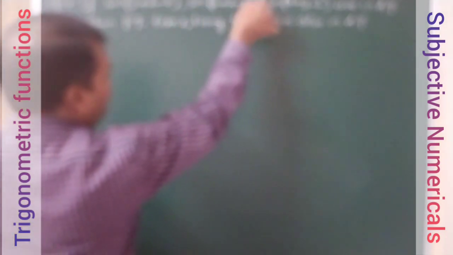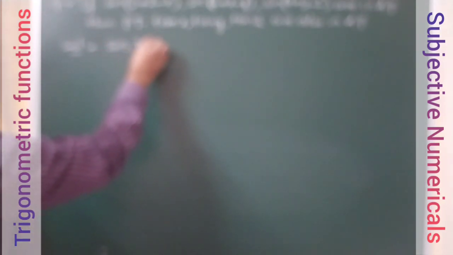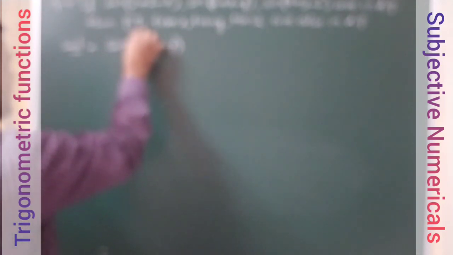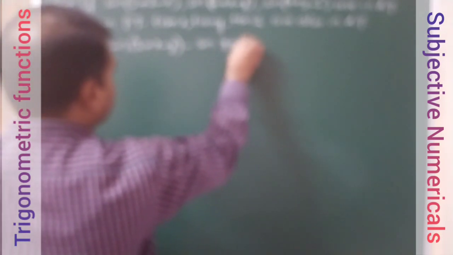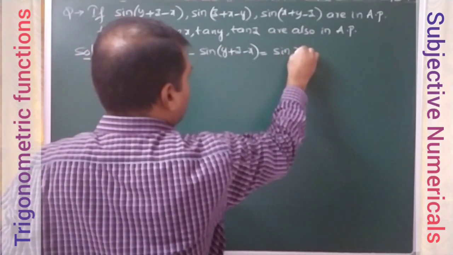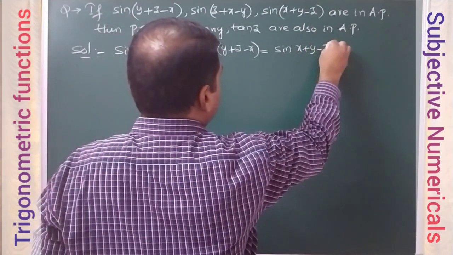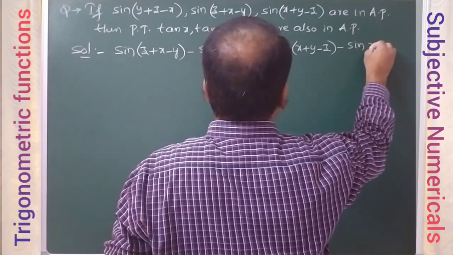First term, second term, third term are in AP. So what is the condition? Second term minus first term is equal to third term minus second term.